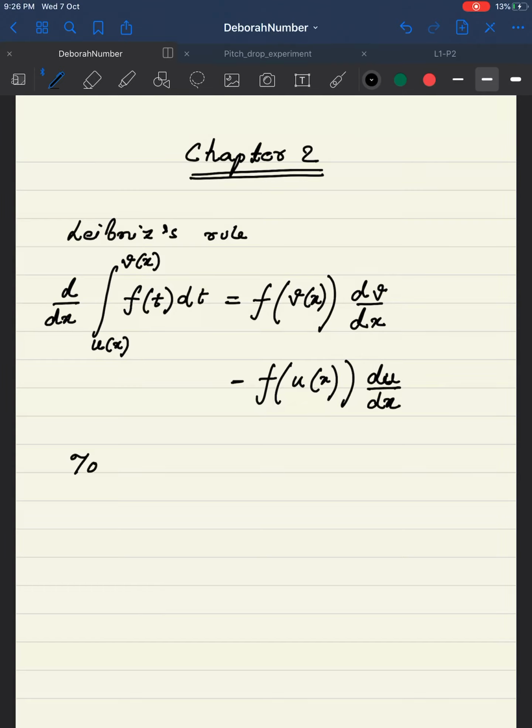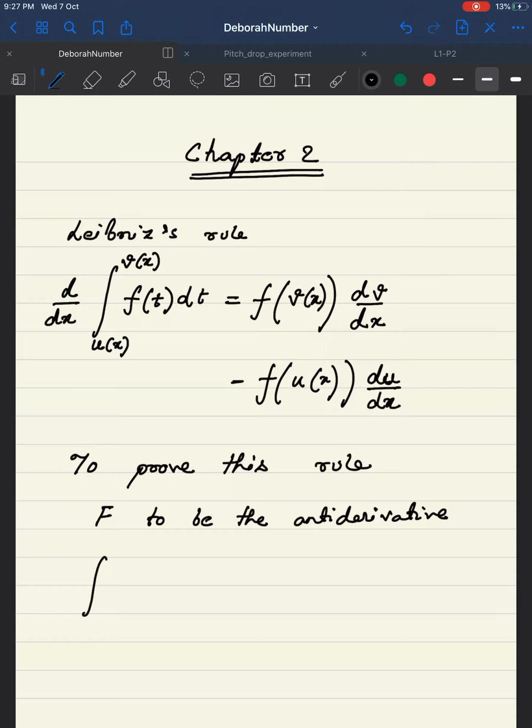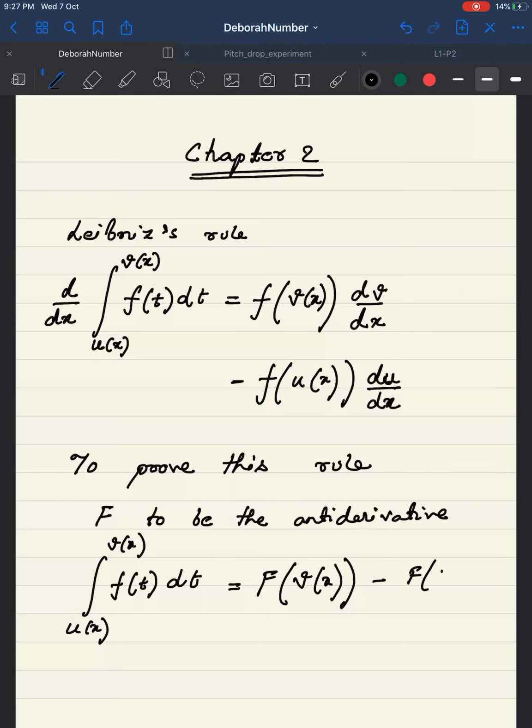So if you want to prove this rule, let us consider capital F to be the antiderivative in this case. So capital F is the antiderivative, which means that I can write the integral of f(t) dt with these u(x) and v(x) limits as F of v(x) minus F of u(x).